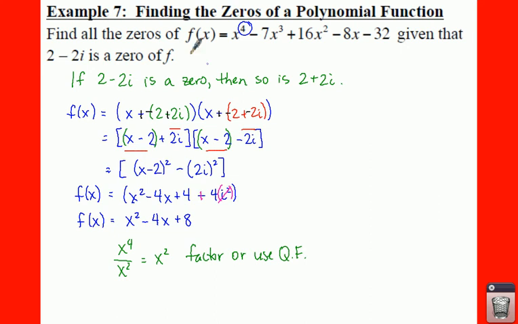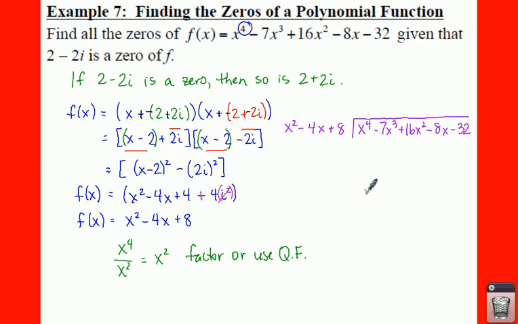So let's do this in purple. We're going to say x to the fourth minus 7x to the third plus 16x squared minus 8x minus 32, and this is going to be divided by x squared minus 4x plus 8.